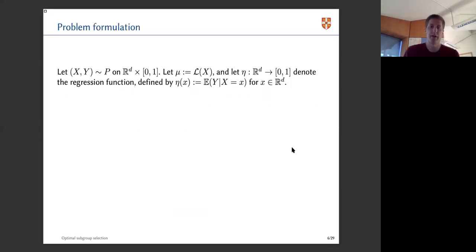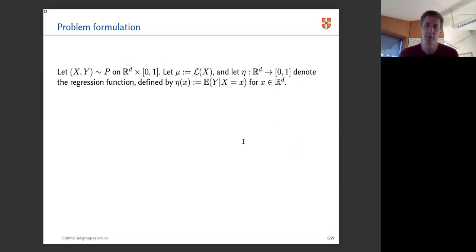Okay, now I will try and set things up in mathematical notation then. So my covariate response pairs are going to be denoted X, Y. The covariates take values in the space R to the d, and my response is going to take values in the unit interval [0, 1]. So it could be just a binary response, a label either 0 or 1, but it can be a continuous response too. But in that case, I want to think of it as being bounded.